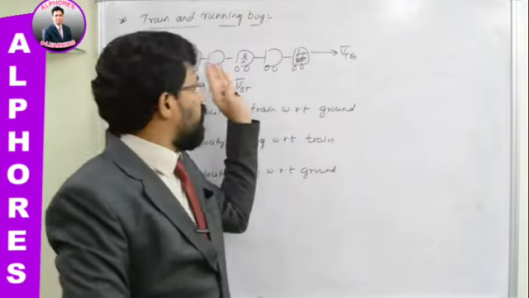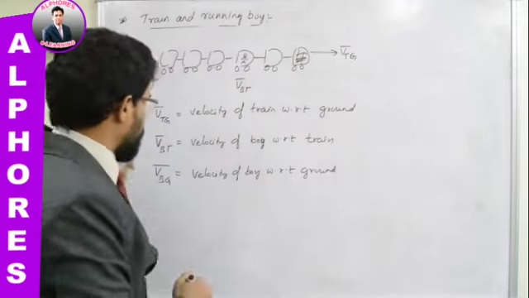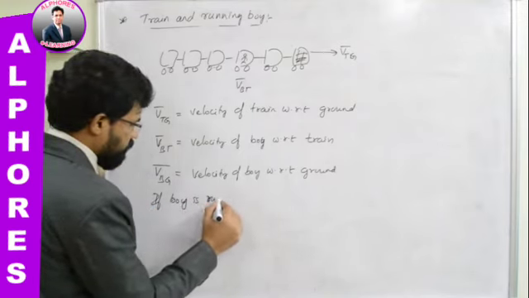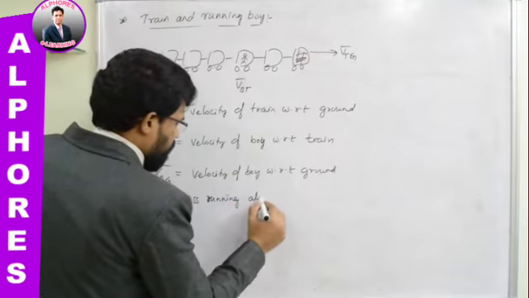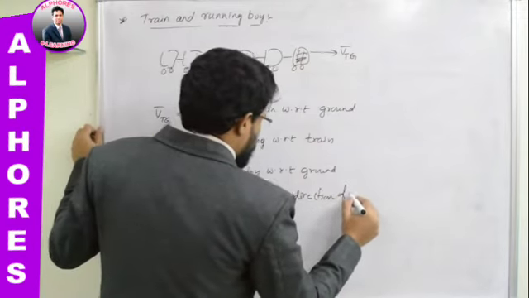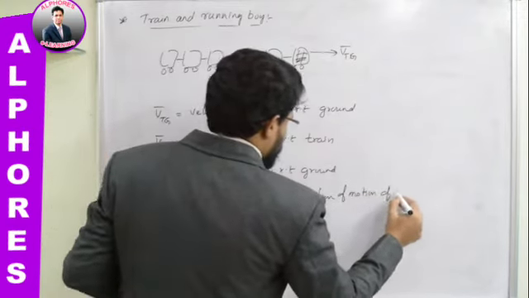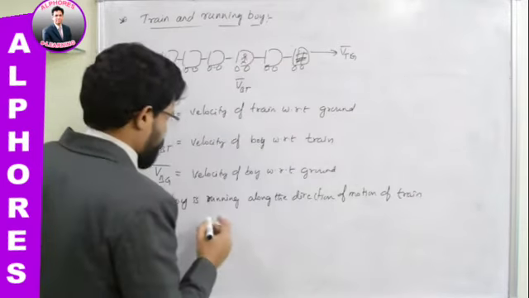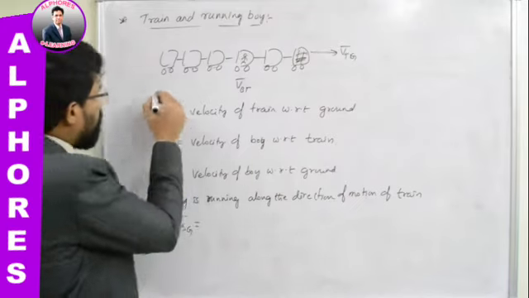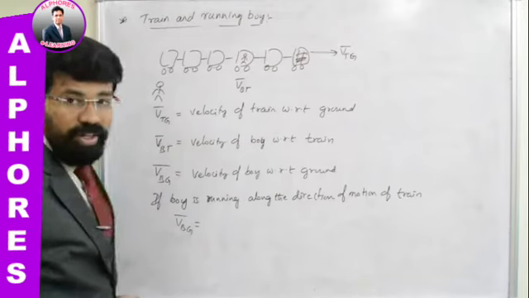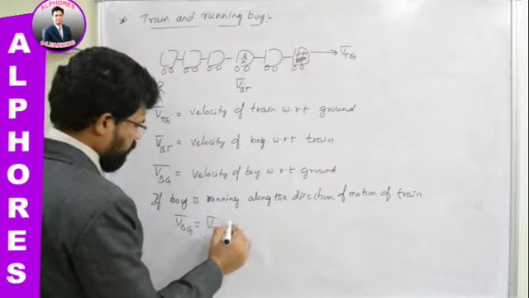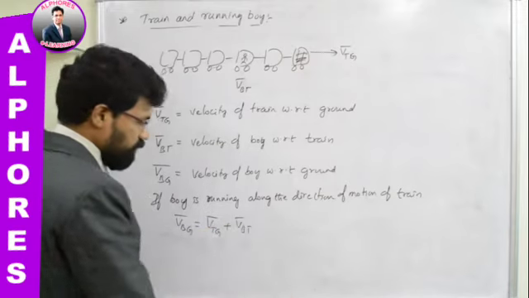So when the boy is running along the direction of motion of the train, and somewhere here one person is standing on the ground observing the boy, the velocity of boy with respect to ground will be velocity of train with respect to ground plus velocity of boy with respect to train.